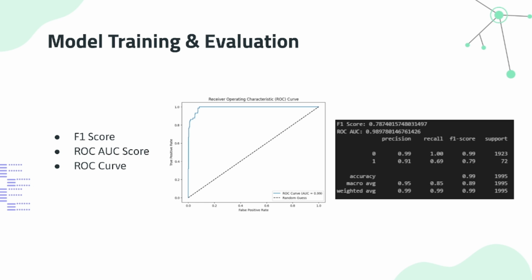The model also attained an ROC AUC score of 0.9897, demonstrating a good discriminative capability between failure and non-failure events. And here we can also see that the ROC curve has an AUC of 0.99.